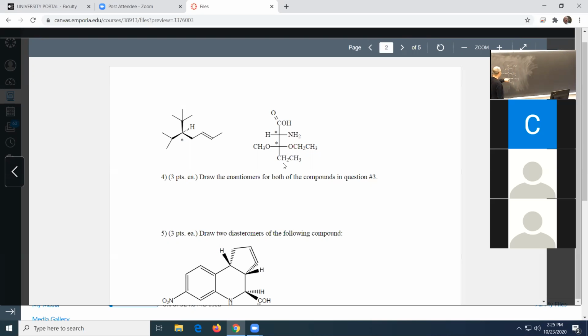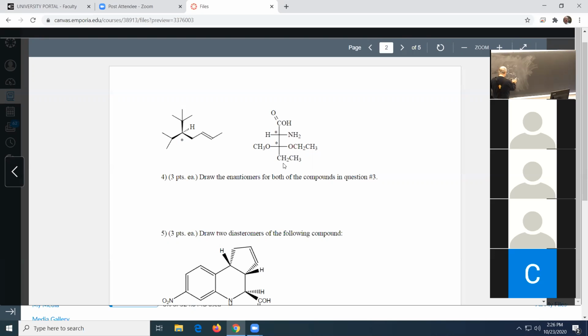And then carbon number 3 down here. We have carbon, carbon, oxygen, oxygen. Oxygen has a higher atomic number than carbon. These are the same. Ethyl wins out over methyl, so this is the higher priority group.